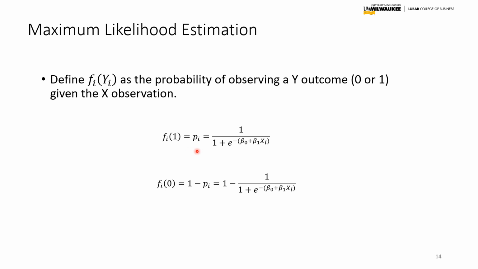Well, that probability is indeed pi from the previous slide, and that's given by this expression. Let me also define pi0 as the probability of observing y equaling 0, given the x information. And we see here that this is simply 1 minus the probability of getting a 1, which is 1 minus that expression above.